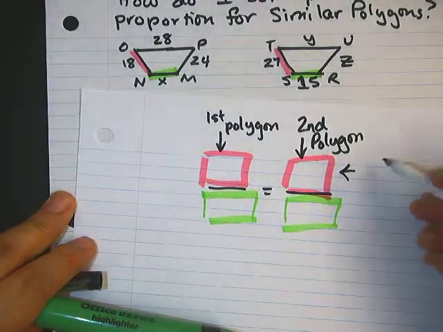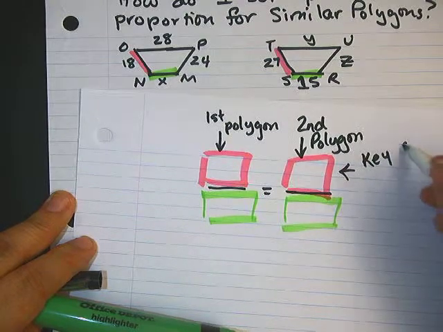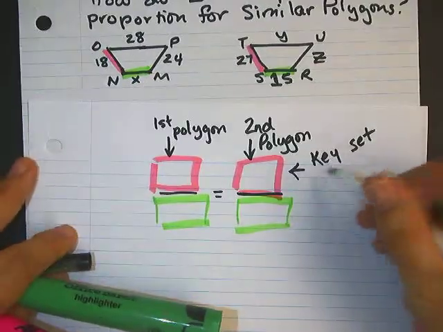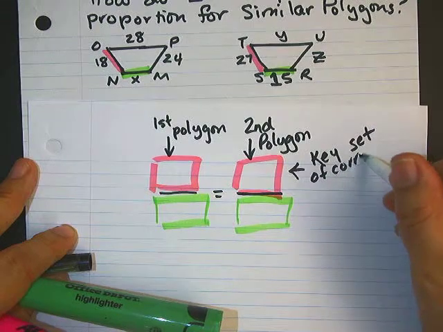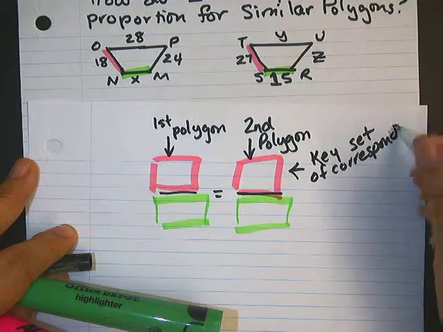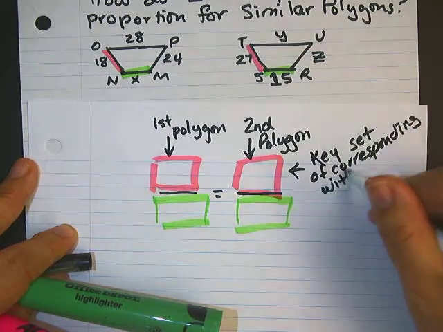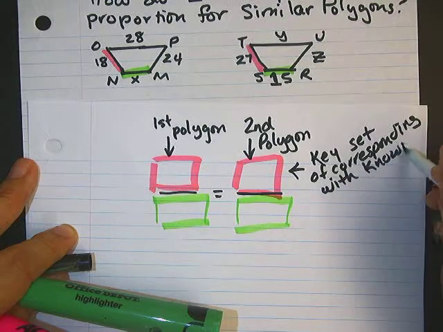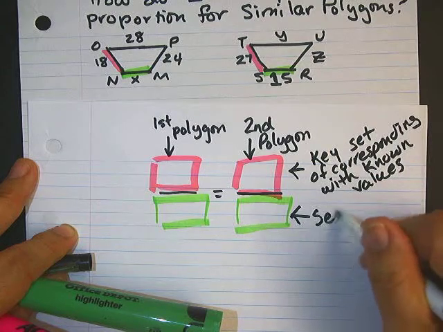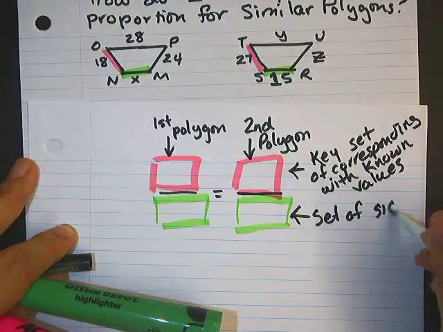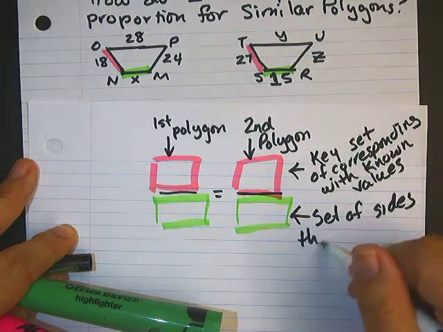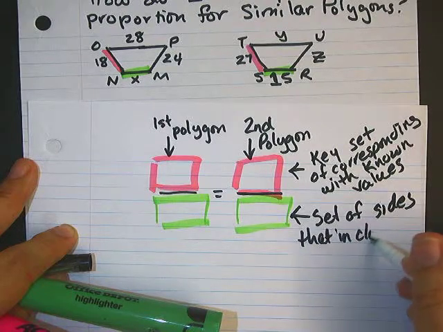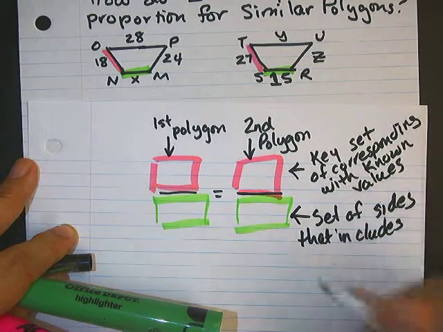Now, in this situation, I put the sides that I knew. Key set of corresponding sides, with known values, all right? And this is the set of sides that includes the unknown, what I'm looking for.